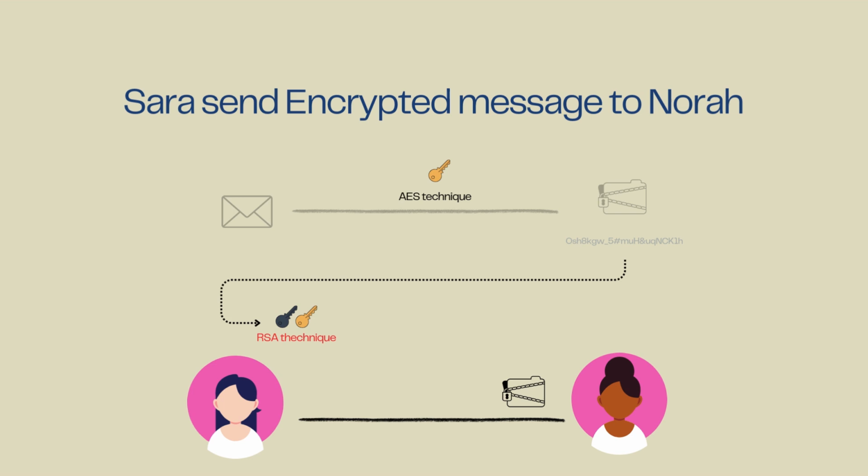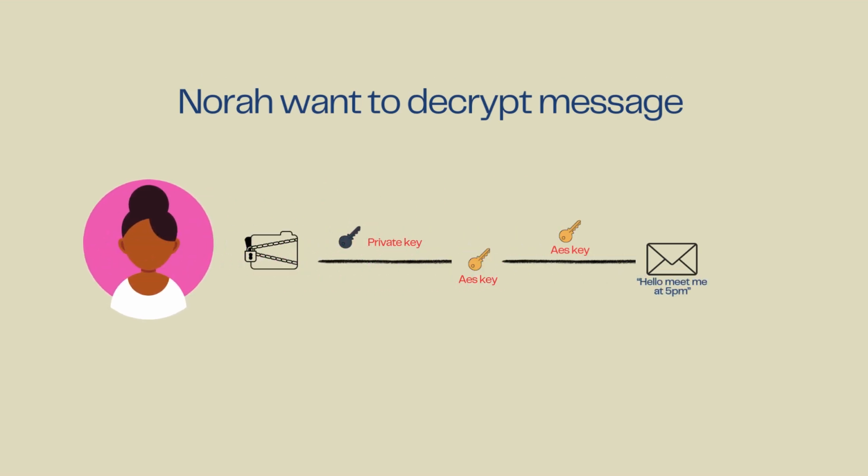So, Sarah sends two things to Nora: the encrypted message, encrypted with AES, and the encrypted AES key, encrypted with RSA. When Nora receives them, she uses her private RSA key to decrypt the AES key, then uses the decrypted AES key to unlock and read the original message.